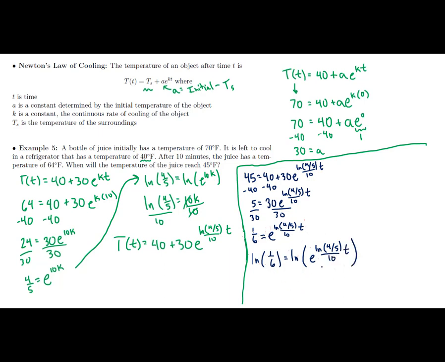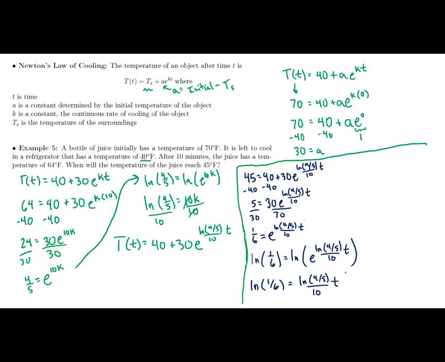And we know that on the right side here, the natural log and the e to kind of cancel out, right? So this will be the natural log of 1/6 is equal to the natural log of 4/5 divided by 10 times t.